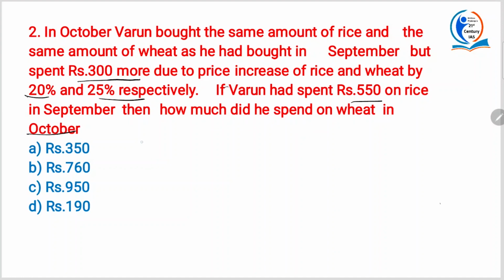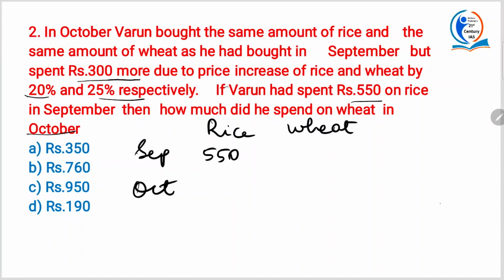Okay, so here there is September, there's October month, and there's rice, and then there is wheat. In September he spent 550 rupees for rice, and let the price of wheat be Y. And then in October, the prices increased by 20% and 25%, which means now the rice price would be 1.2 times 550, and Y increased by 25%, which means now the price would be 1.25Y.